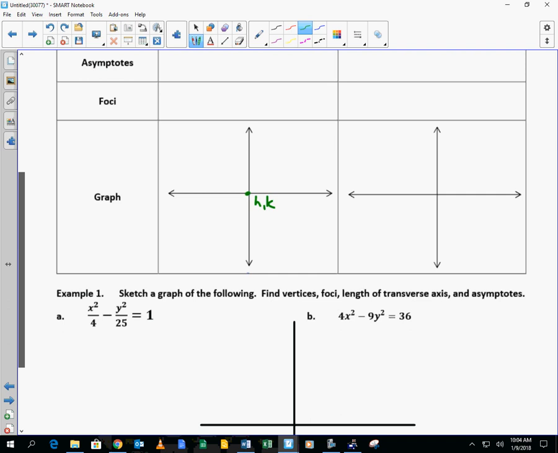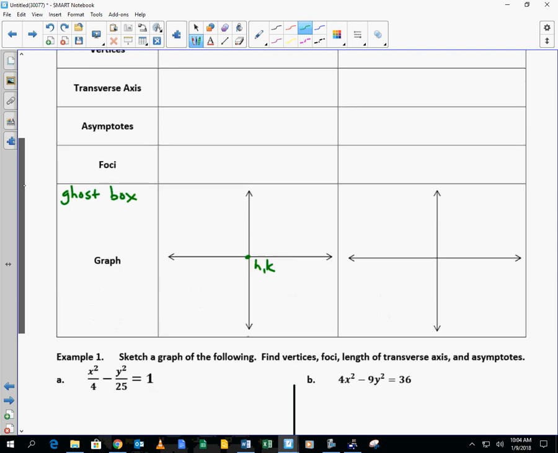The reason I call it a ghost box is because it's not actually part of the graph, but we use it in order to construct the graph. The book doesn't necessarily teach you to do this. This is just something I fiddled around with at some point in my life, and I think it's a good thing to do, okay?